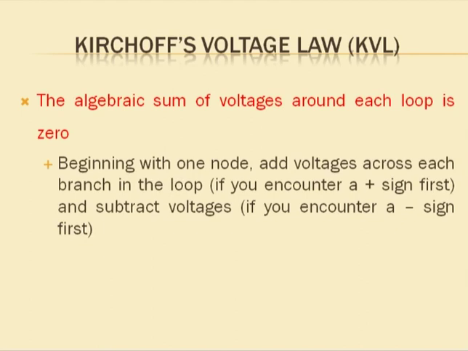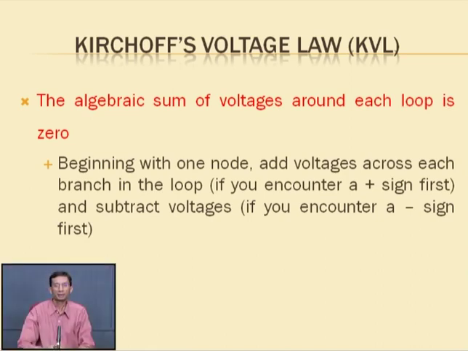Kirchhoff's voltage law, also known as KVL, states that the algebraic summation of voltages around each loop is 0. We are going to elaborate on this. If I am traveling around the loop and algebraically add the voltages across the circuit elements, the sum will be equal to 0.